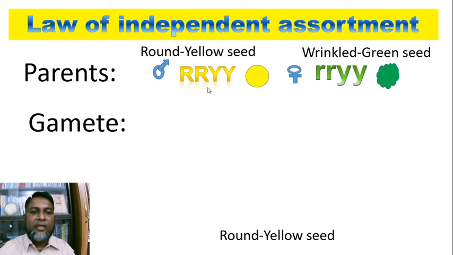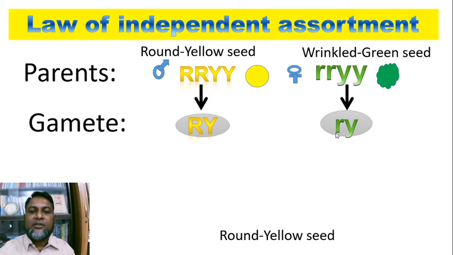From two capital Y, one capital Y comes to the gamete. Similarly, from two small r, a single small r comes, and from two small y, one small y comes to the gamete.